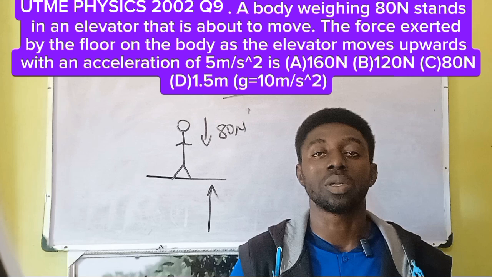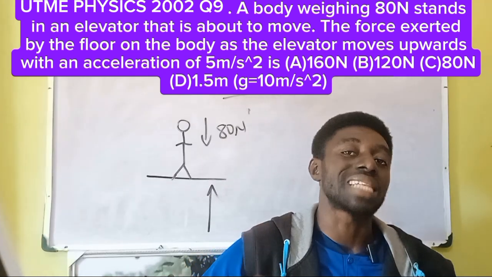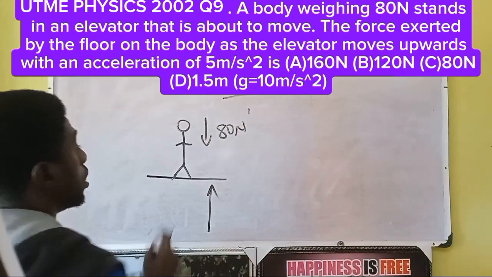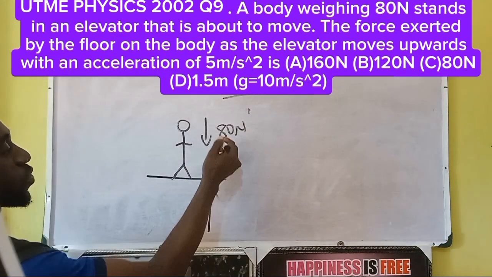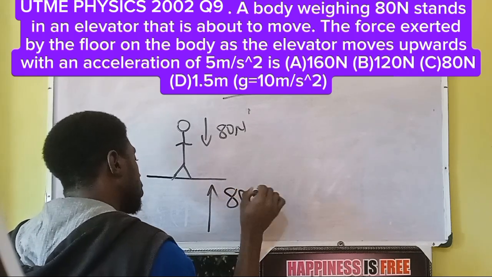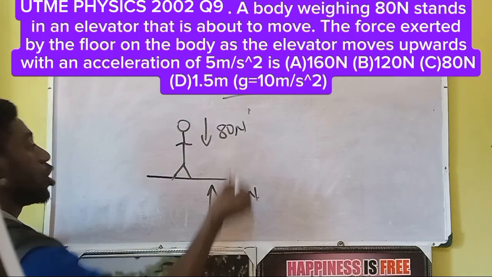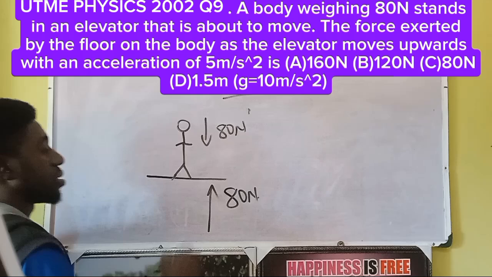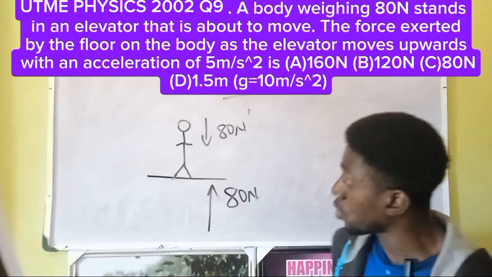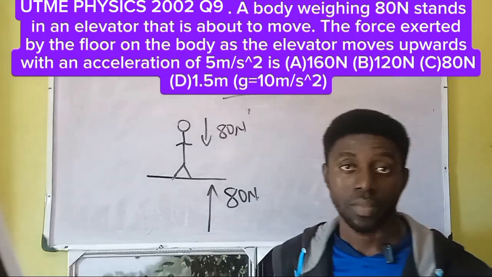When a body stands on a base, the base stands back on the body with the same weight of the body. What do I mean by that? If the body is standing on the elevator with force of 80 Newton, the elevator will also stand back on the body with force of 80 Newton. Action and reaction equal but opposite.